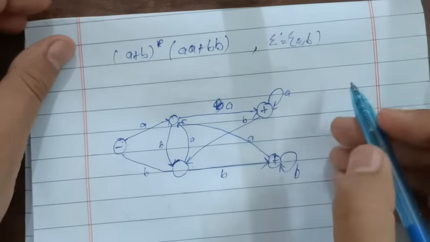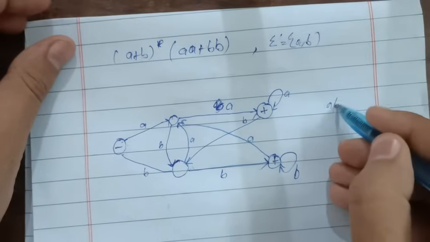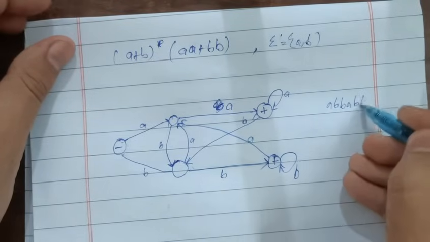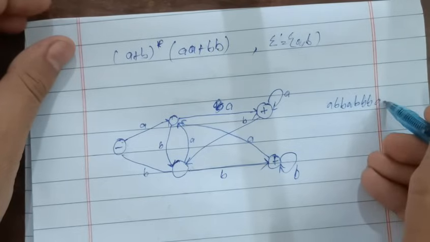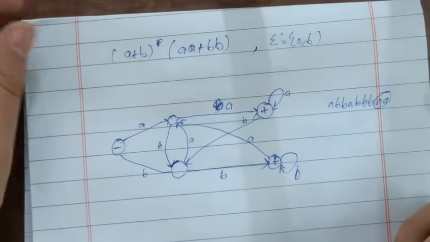Let's test it. So we have an example: A B A B B B A A. It is ending with double A, right?